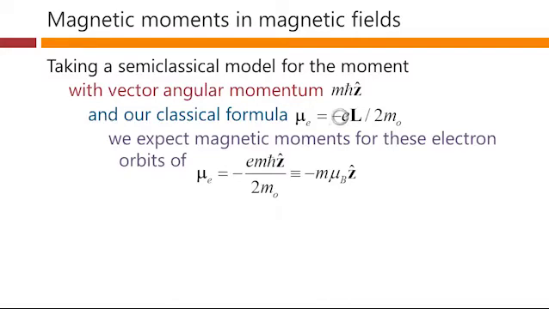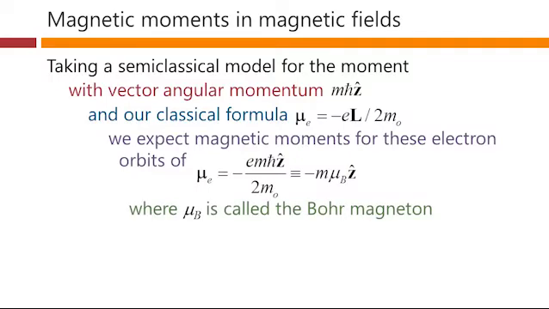This is just minus e times L over 2m naught. So here is our angular momentum, m h bar z, so that's the equivalent of the L. And that corresponds to the following formula here, where we define something called the Bohr magneton with this formula. It's just a convenient unit for talking about magnetic dipole moments.